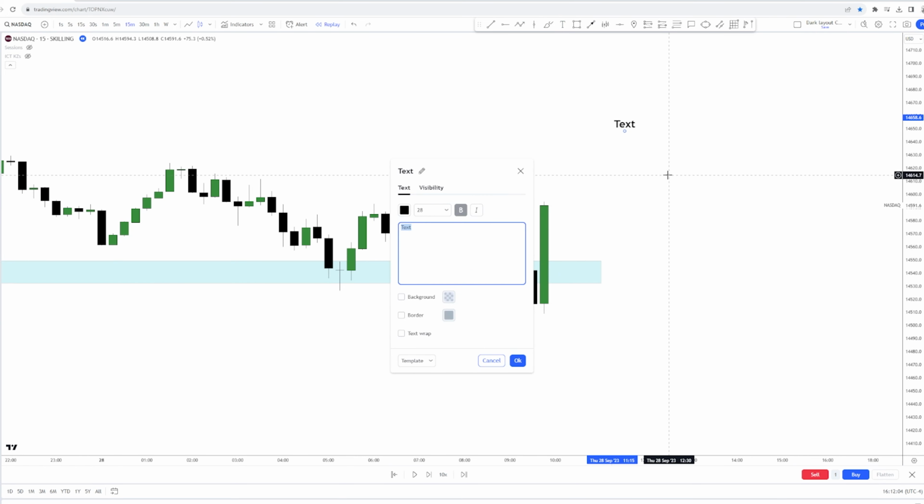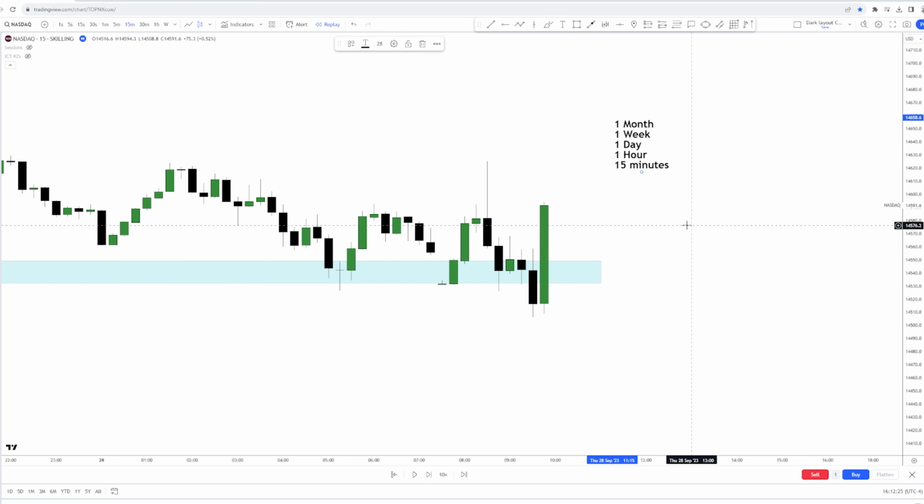So the time frames that we worked with were the monthly, the 1 week, the 1 day, and then we went to 1 hour, and now you will see our entry will take place inside the 15 minutes.